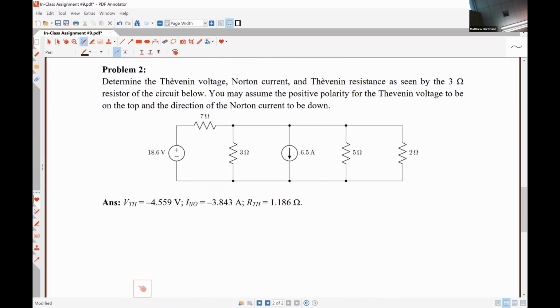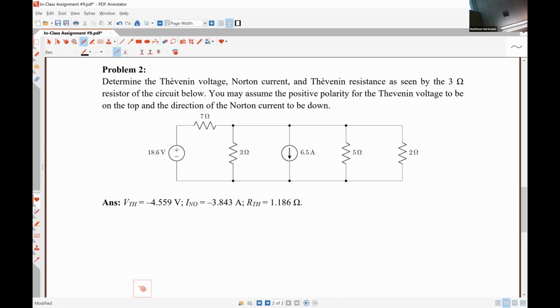In this one, we don't have an open circuit that we are looking for the Thevenin voltage across. We're asked instead to find a Thevenin voltage, Norton current, and Thevenin resistance as seen by the 3 ohm resistor. So this is a different analysis process, only slightly, because instead of trying to find it across a set of terminals, we're trying to find it with respect to a particular load resistance.